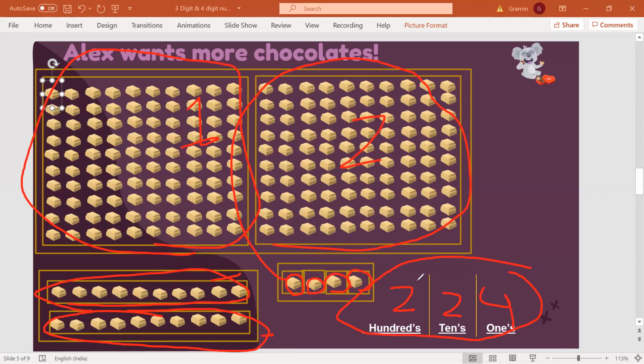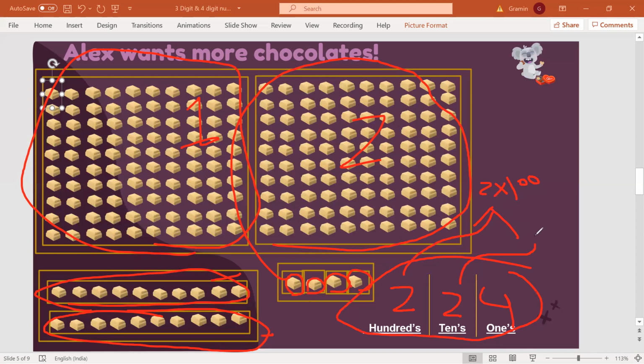Now again, if you try to make sense of these numbers, this 2 represents what? 2 groups of 100 chocolates. So 2 groups of 100 chocolates will be equal to what? It will be equal to 2 multiplied by 100. Now again in the tens box, how many groups of 10 chocolates do we have? 2 groups of 10 chocolates.